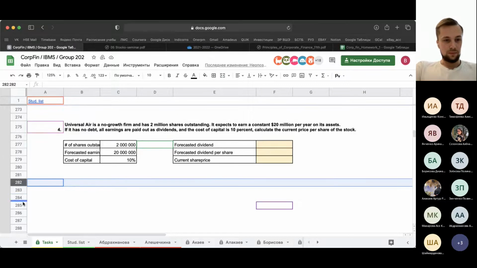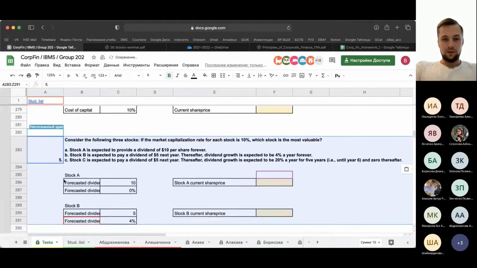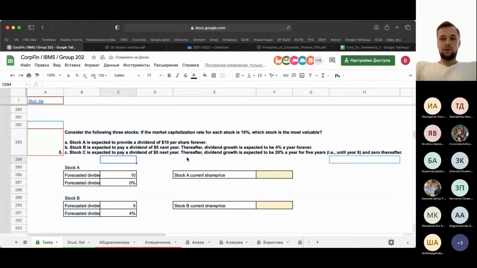The next task is a little bit longer. We have 3 stocks, with a market capitalization rate of 10%. We need to find which stock is the most valuable, which stock has the highest price. Stock A is expected to provide a dividend of $10 per share forever.